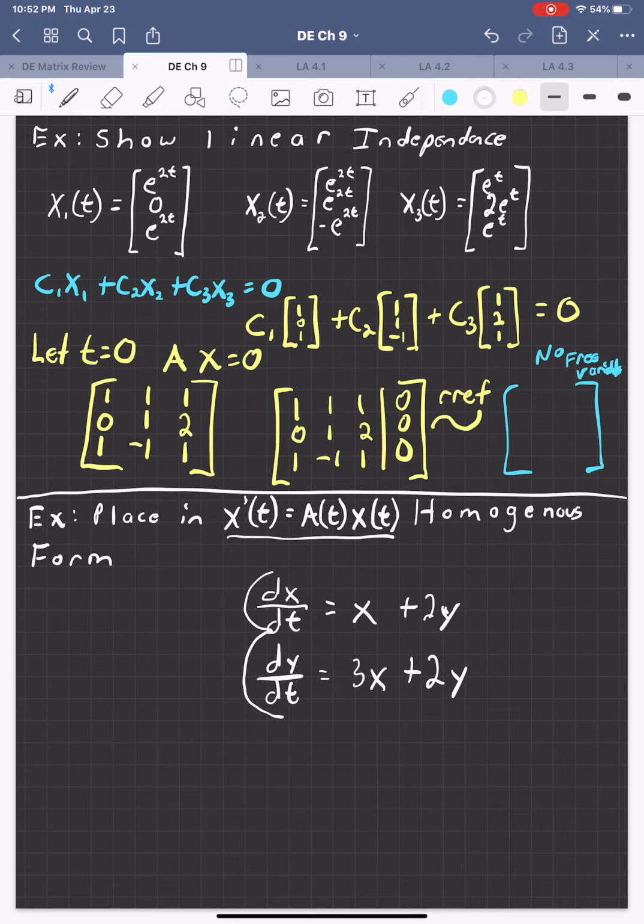Okay, so let's start with what would x prime be? Well, the x prime of t is a vector. The way you would think about this is some vector that's a function of t.